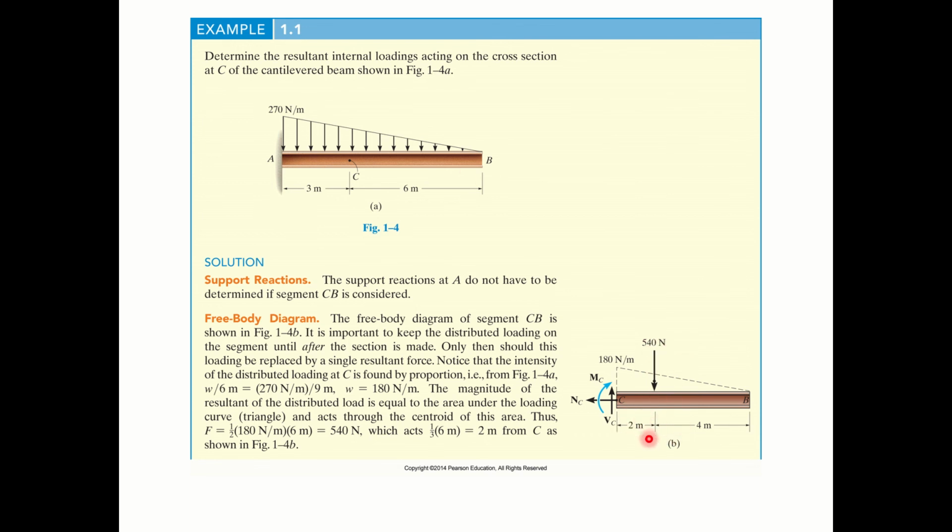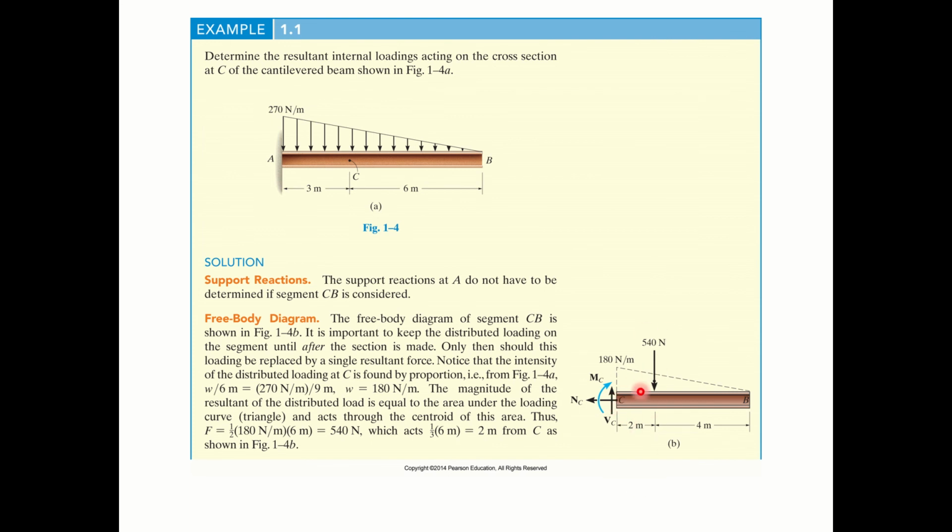The ratio of the triangle centroid is 1 and 2. Okay, 1 and 2. So we could very easily calculate the location of the resultant force.